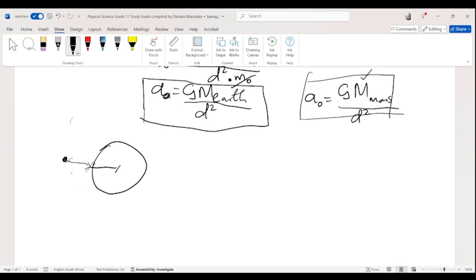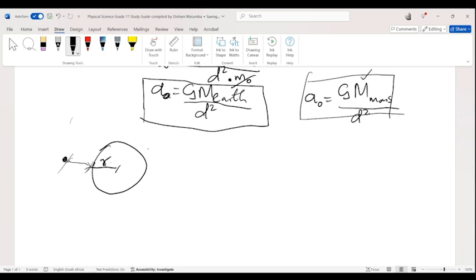If we think about the gravitational acceleration scientifically, it shouldn't be the same. If you jump higher, it should be different from when you are on the surface. There's a little difference, but that difference is negligible. So the distance between the surface of Earth and the object is usually ignored. So the d that we use to calculate the gravity is simply the radius of Earth, or the radius of the planet.